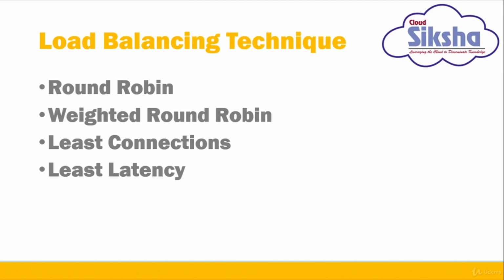Then again 2 to the first, 1, 1, 2, 1, 1. So every 4 requests, it will be split as 2, 1, 1. So one of the servers takes up 50% of the requests, the other 2 take 25% each. So we are distributing the load in a different manner. This is called a weighted round robin technique.